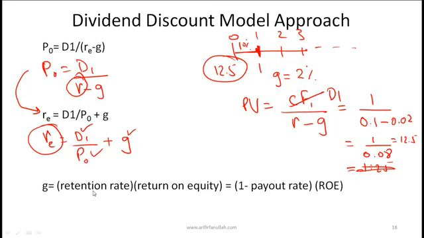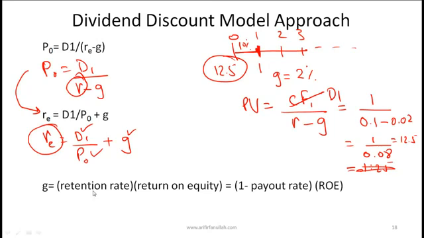Remember, return on equity is your net income divided by equity. Let's say that the return on equity for a given company is 20%. Then in this case, the growth rate is going to be 0.6 times 20%, which is 12%.